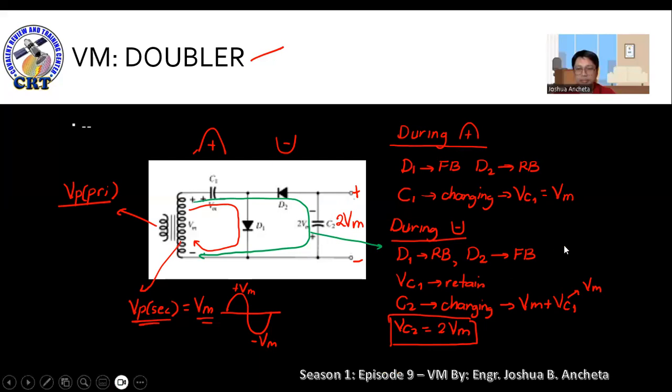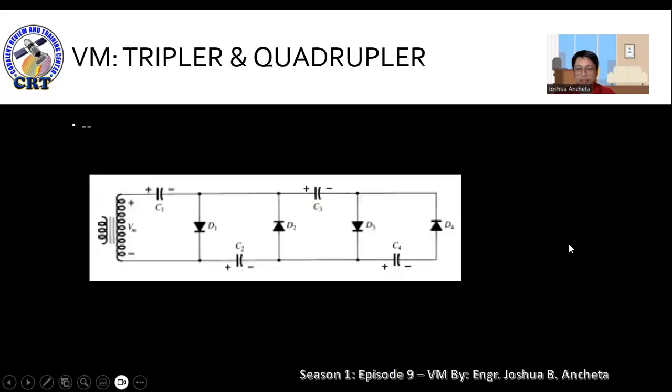So let's proceed to the next circuit. This is the voltage tripler and quadrupler. So again, this side is the peak primary, and this side is the peak secondary, which is equivalent to Vm.